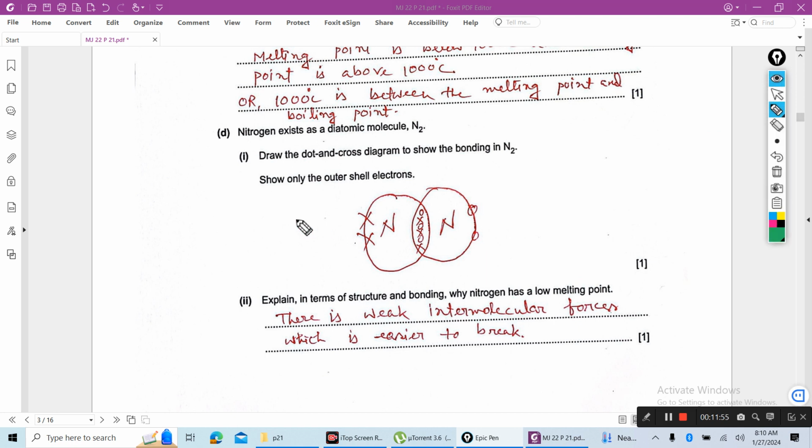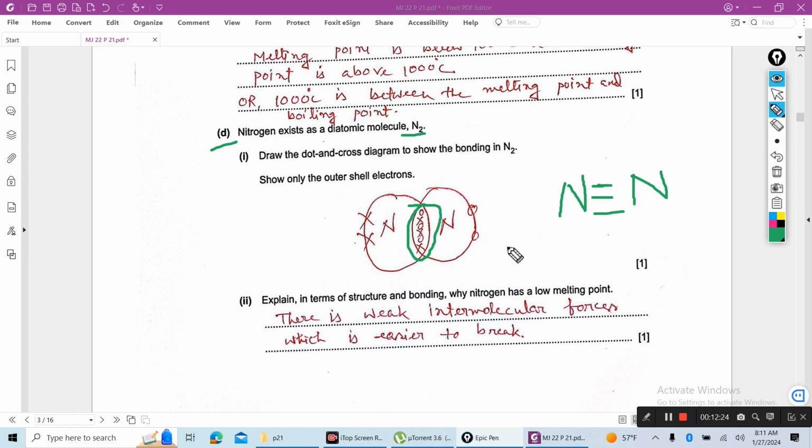Now the nitrogen dot and cross diagram: nitrogen triple bond. Any single bond contains 2 electrons, double bond 4, triple bond 6. So 6 electrons will be shared when 3 bonds are formed.